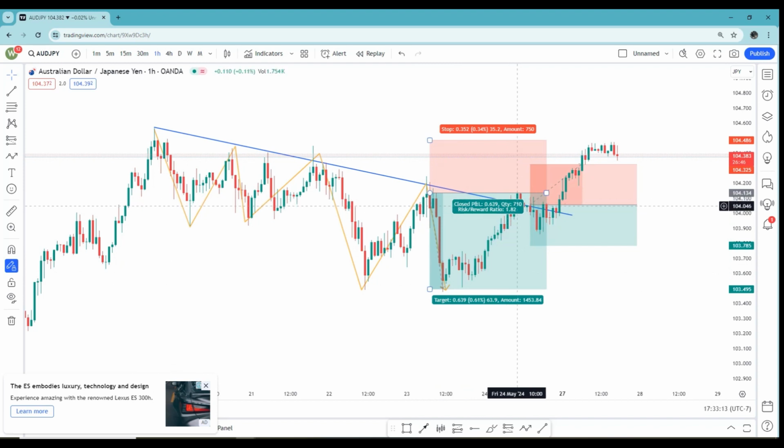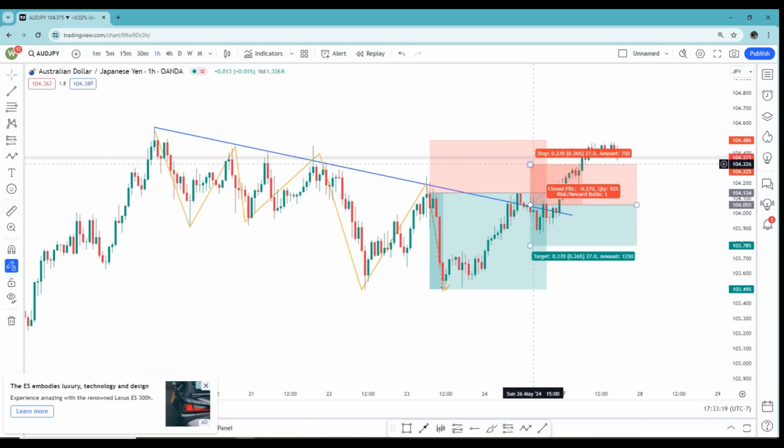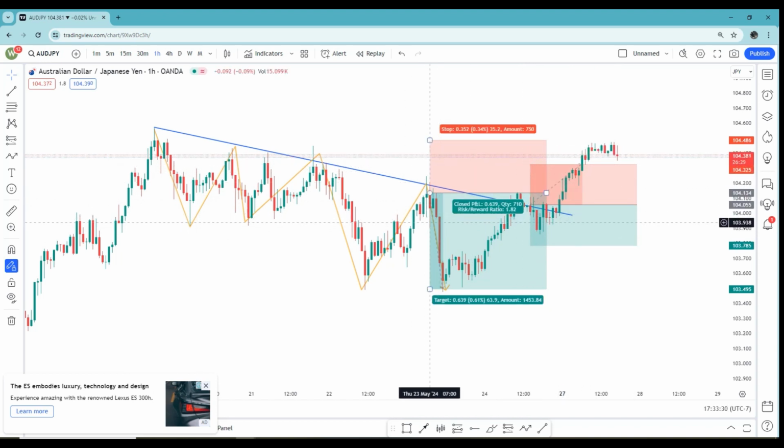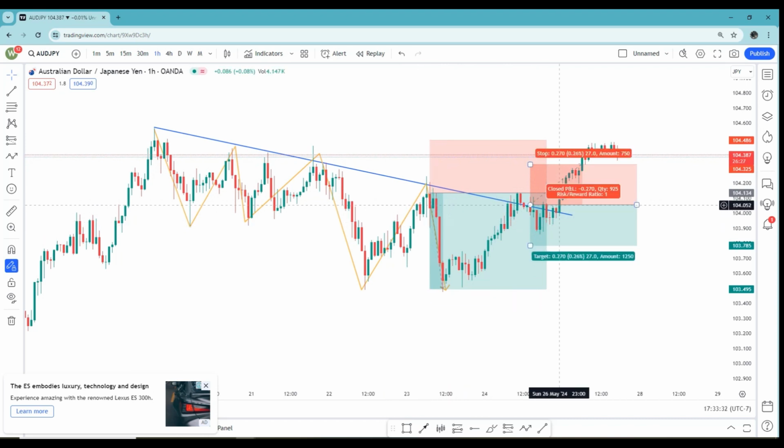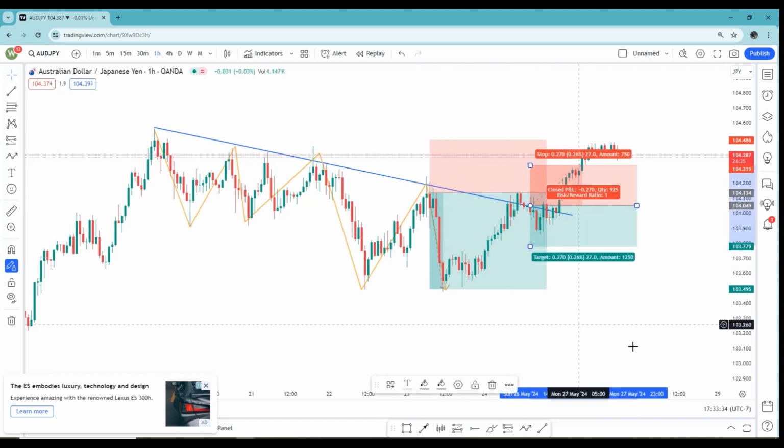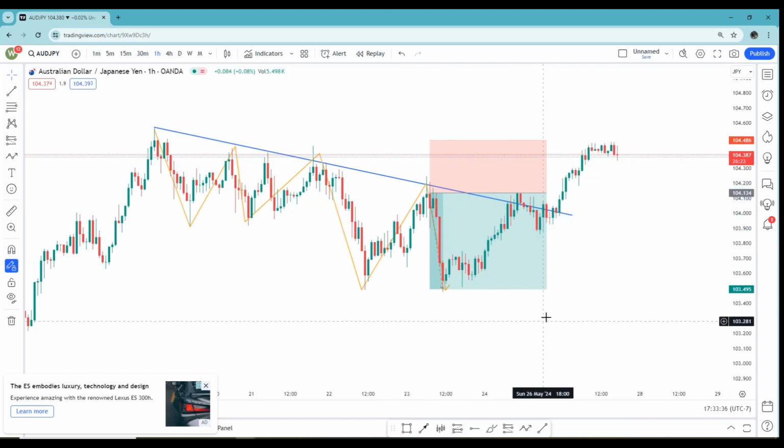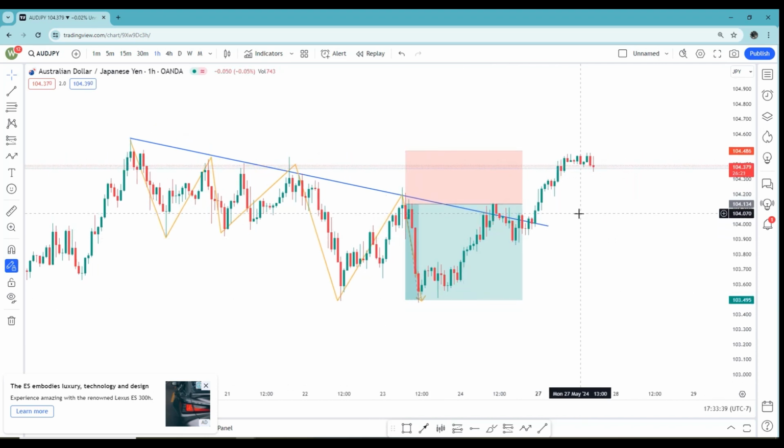So if you entered by mistake, and the market decided to continue, and you didn't even shift your stop loss to the break even, it's just going to hit you out with the 25 pips, but you still have profit from here.